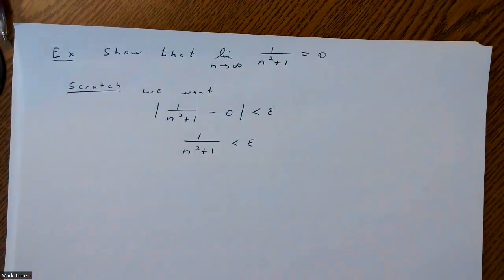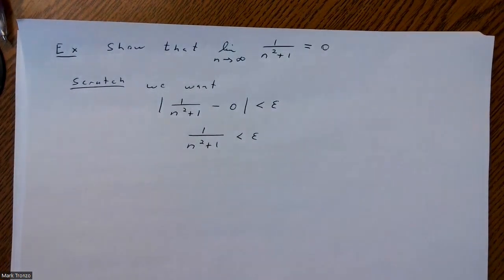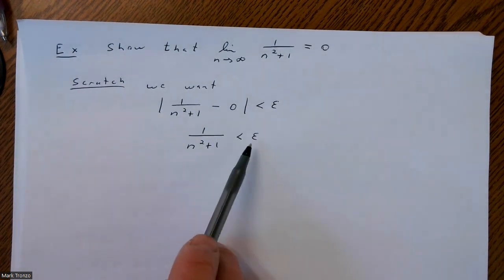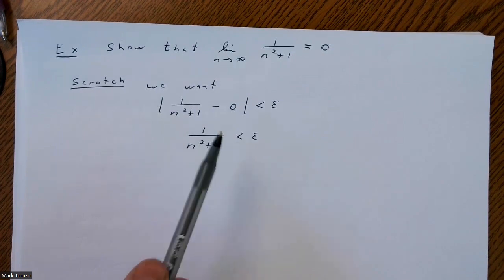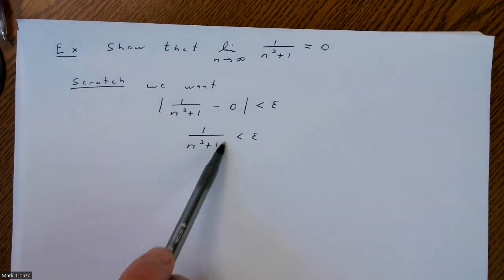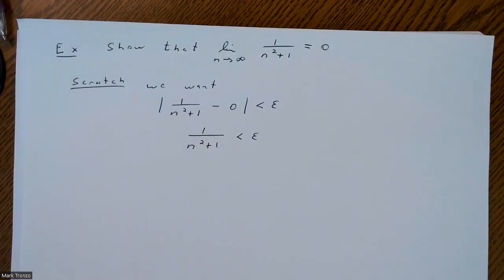This is going to get kind of messy if we tried to work just with the n squared. So see if we can show what we have here is less than epsilon. Another way to work with this is we can shoot for something that is always going to be bigger than this, and it would be less than epsilon. I don't know if I said that right.